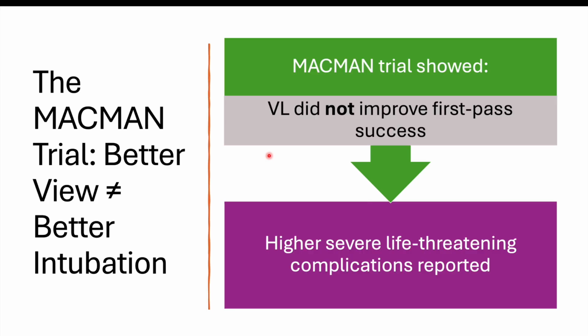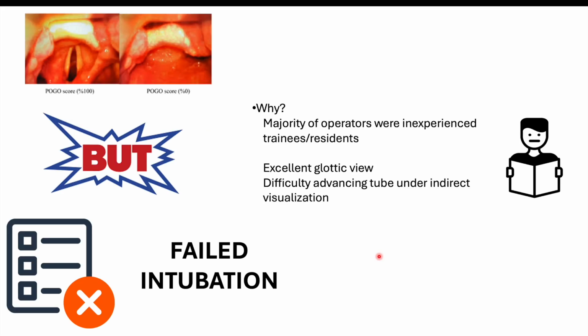was published in 2017. The authors found that videolaryngoscopy did not improve first pass success, and use of videolaryngoscopy was associated with higher severe life-threatening complications. The authors reported that though the view of the glottic opening was excellent with videolaryngoscopy, there was difficulty advancing the tube into the glottis in spite of the excellent view.